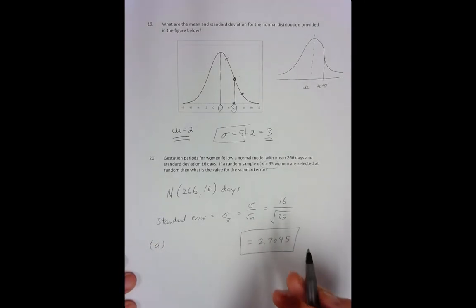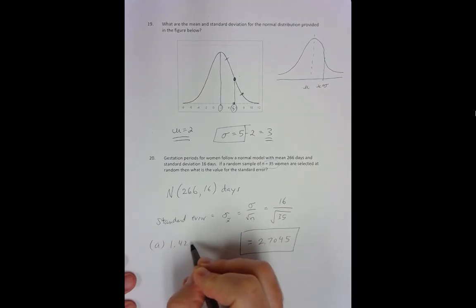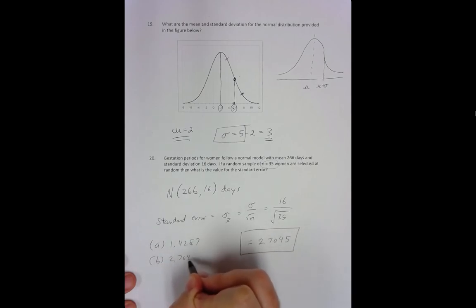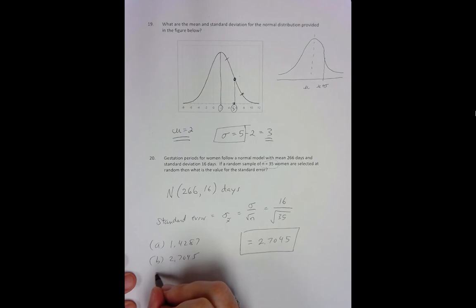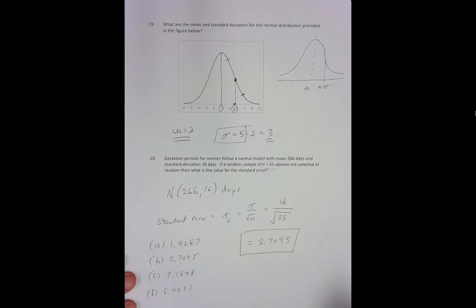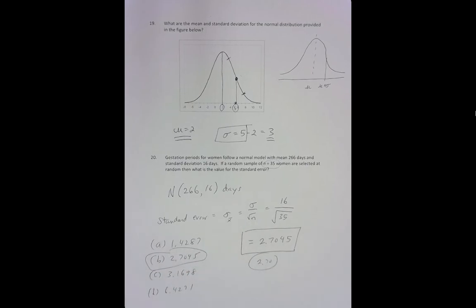I would probably have something like 1.4287, 2.7045, C is 3.1698, and the other would be 6.4273 or something like that. So if you round this to 2.70, you come over here, and it's pretty clear which answer is correct.